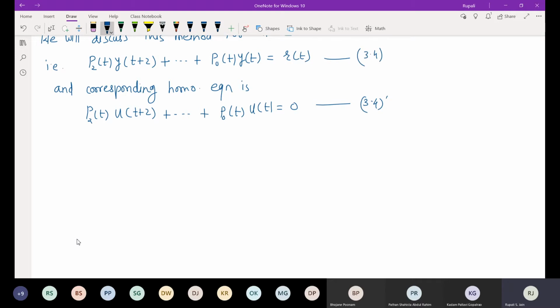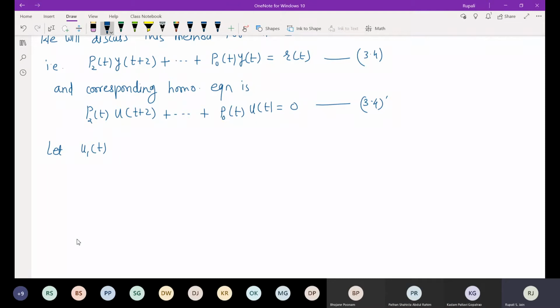So let u1(t), it is second order, 3.4 dash is now second order. So how many linearly independent solutions will it have? 2.